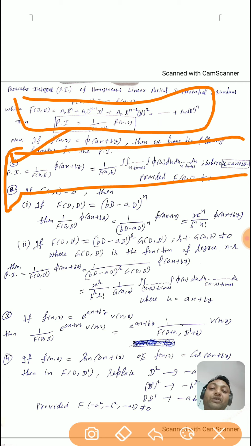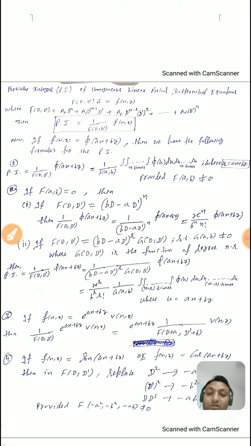So if this is a function of degree n, we will integrate it n times with respect to u, where u will be equal to ax plus by. The proof of this theorem we will do on the next page. On this page we will see only the formulas.